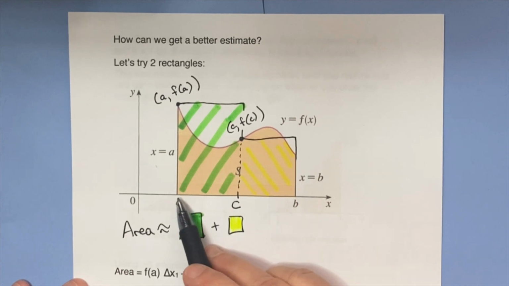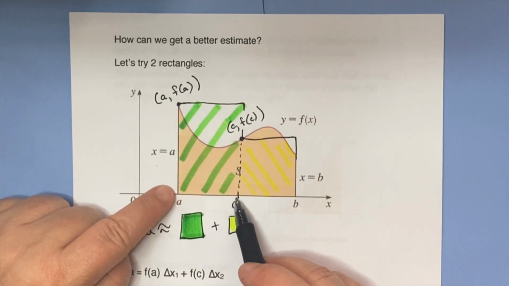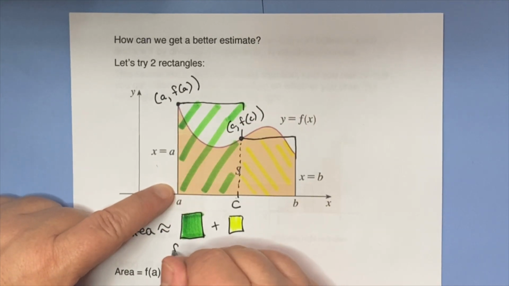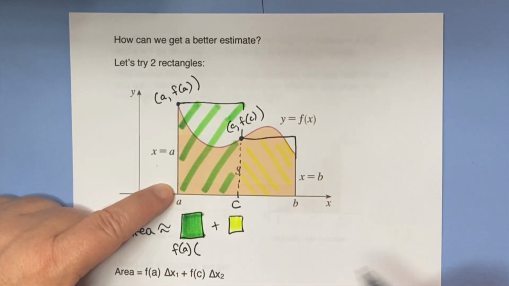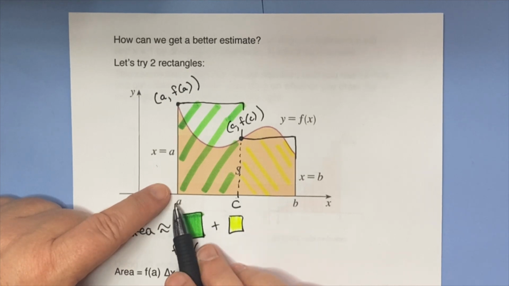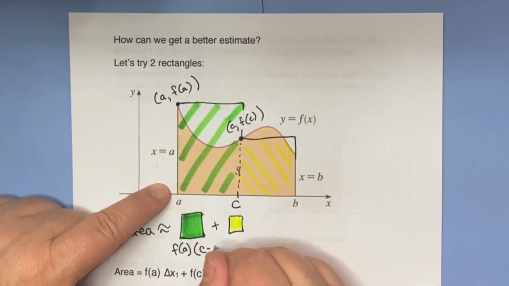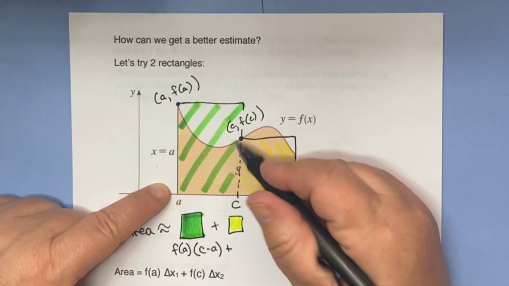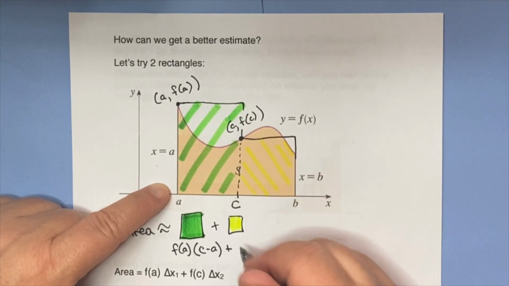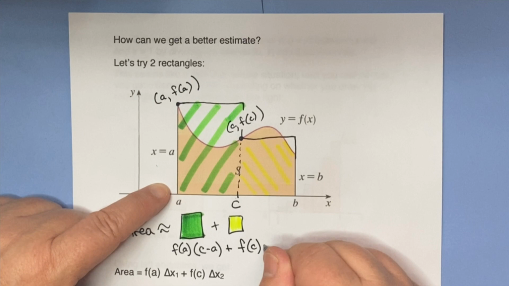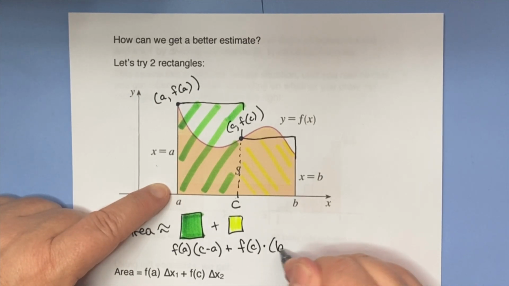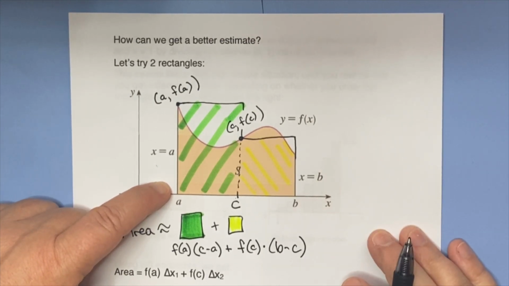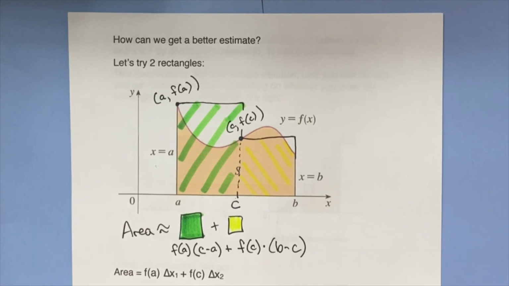Now, here, let's see, I've got f of a, that's my height, times, and here I'm not going all the way from A to B, I'm just going from A to C. So this is C minus A, plus, and then this height, it's not all the way to f of A, it's f of C times B minus C. Okay, so this is all very formal, and this is what mathematics looks like sometimes. It's very formal, a lot of details.